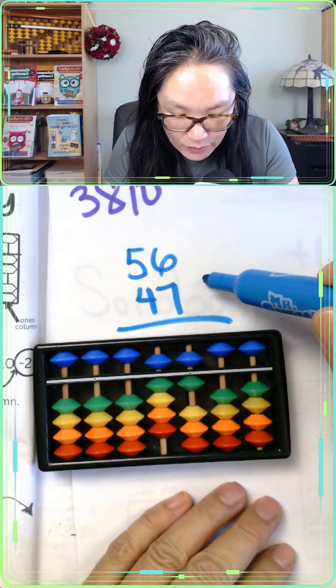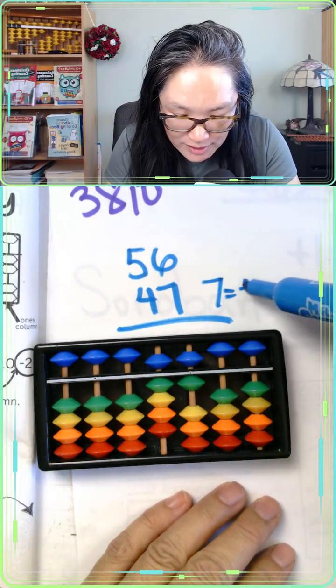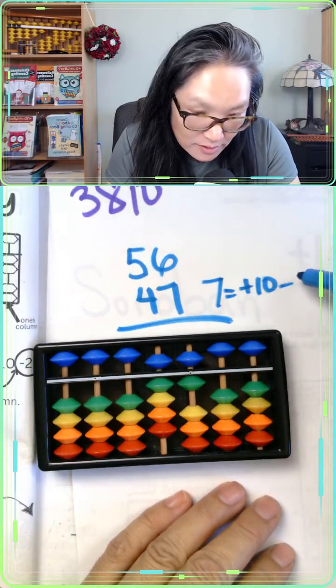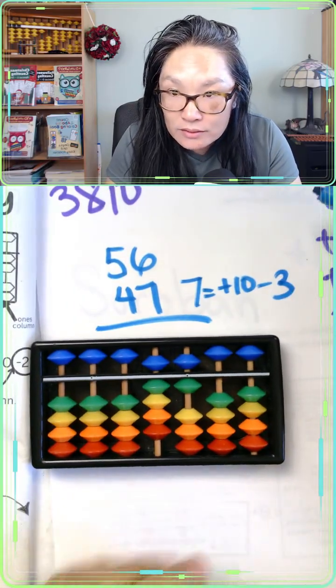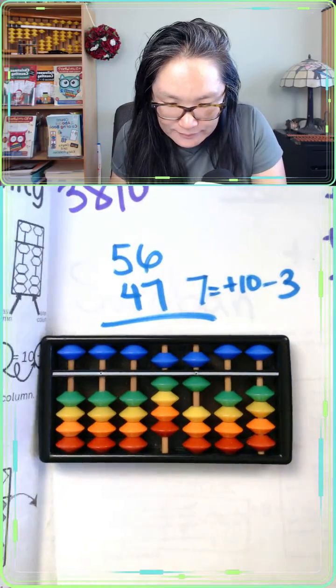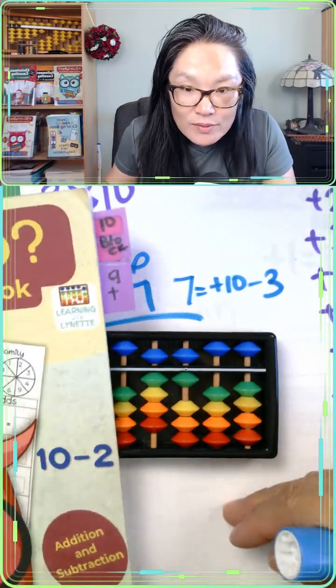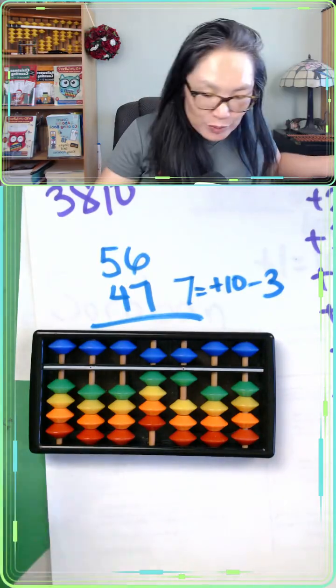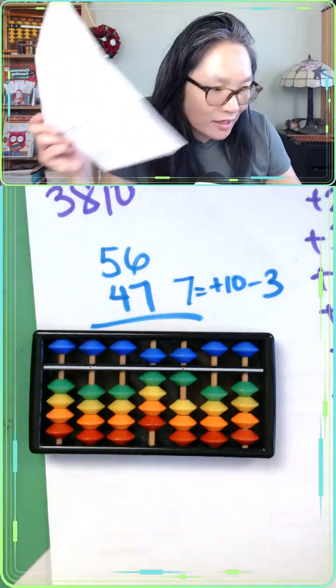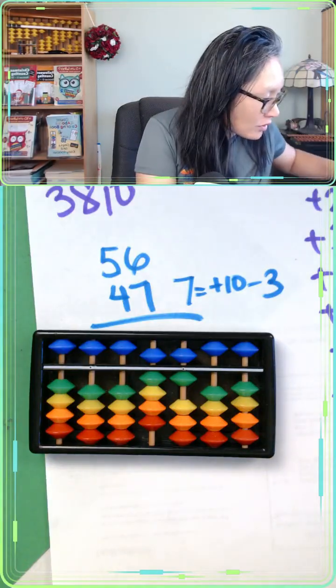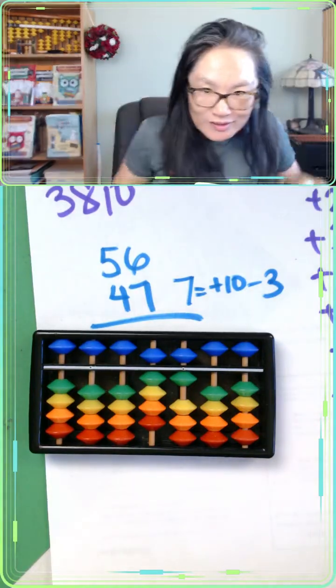What's 7? 7 equals plus 10 minus 3, right? This is what I'm saying. The combos are not going to help you. Memorizing combos will not help you. No 10.